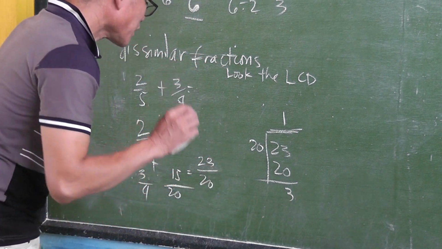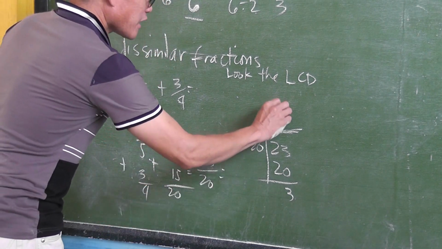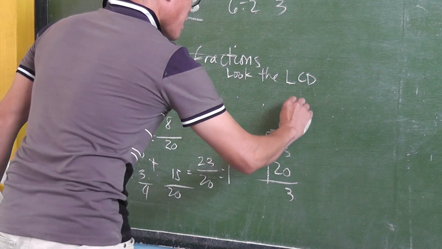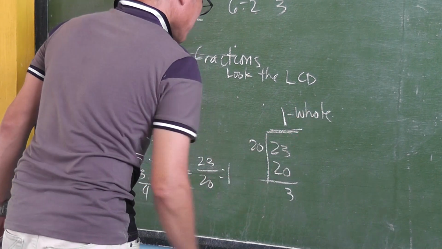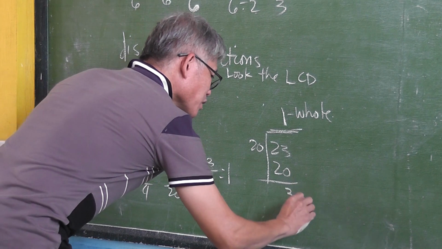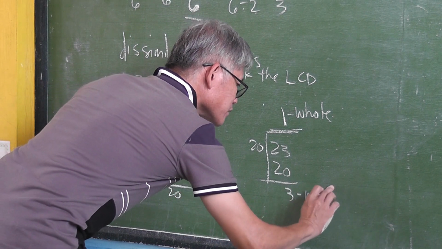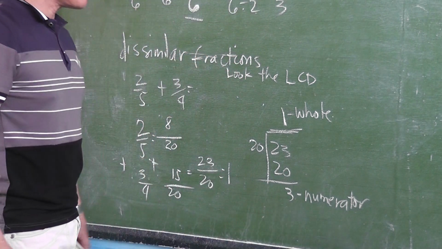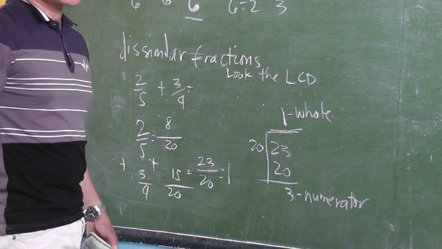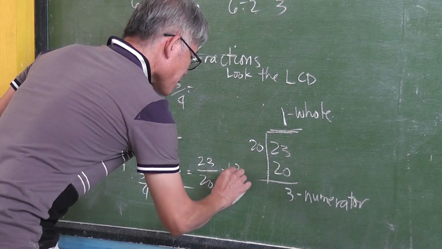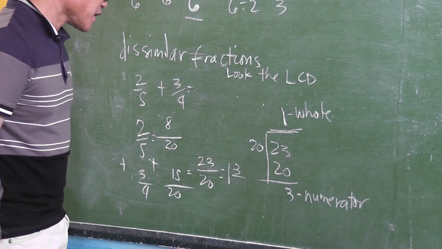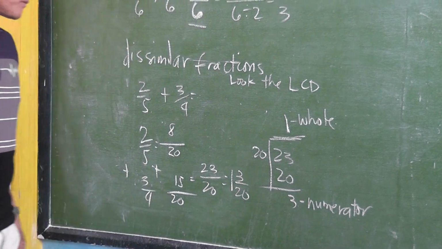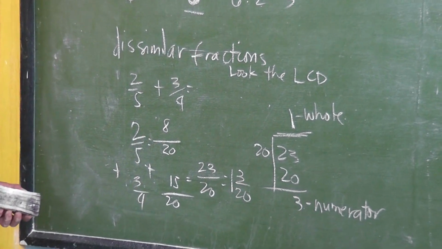So what will happen? Our quotient will become our whole number, and then the remainder will be our numerator. Always remember that our remainder is always our numerator, and our denominator is still 20. So that is our answer.